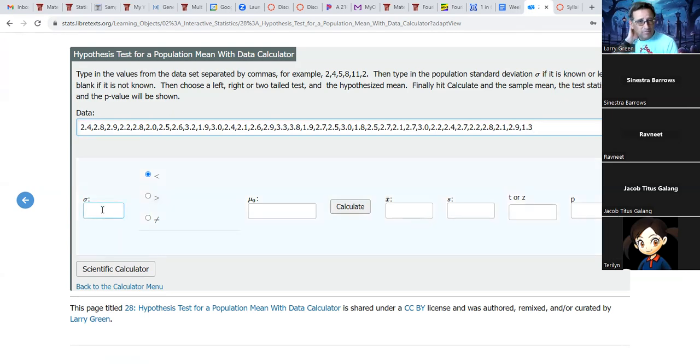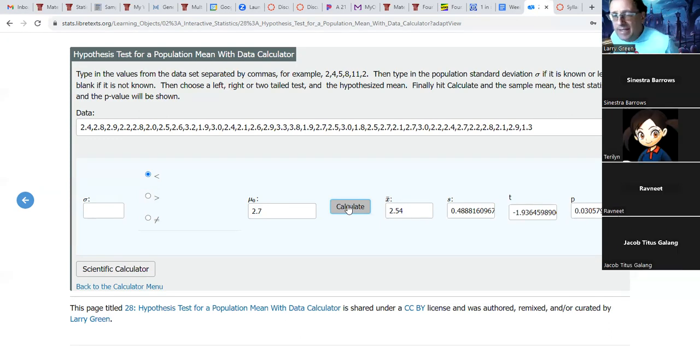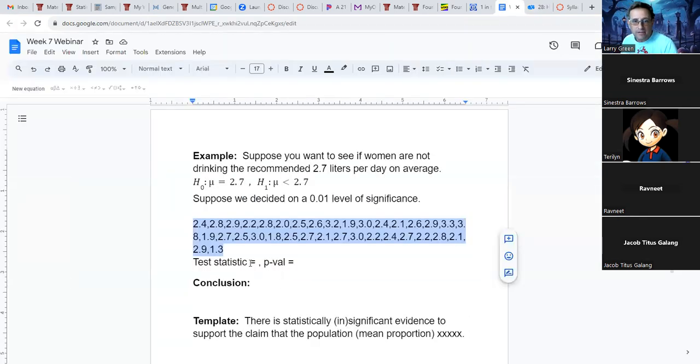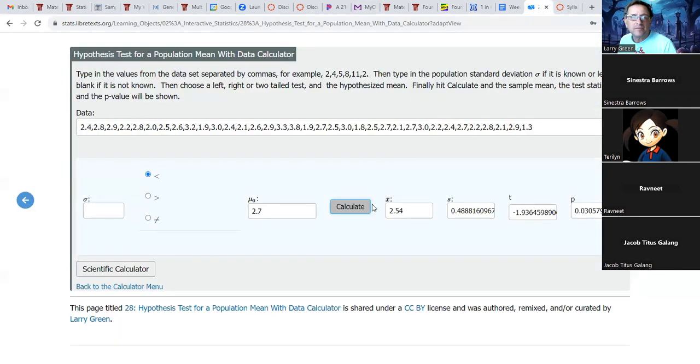We don't know the standard deviation, so leave that blank. Less than is what we wanted for H1. Mu naught was 2.7. And we calculate. We get a test statistic of negative 1.9 and a p-value of 0.03.